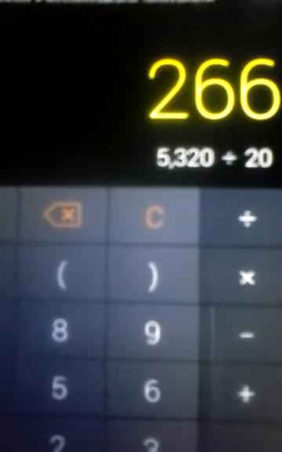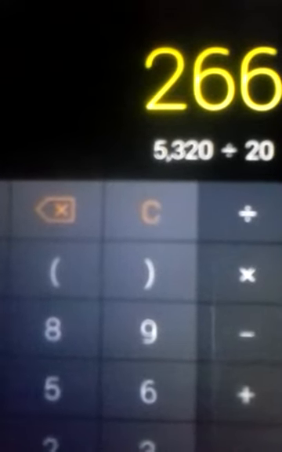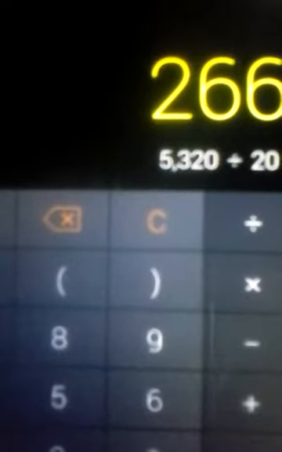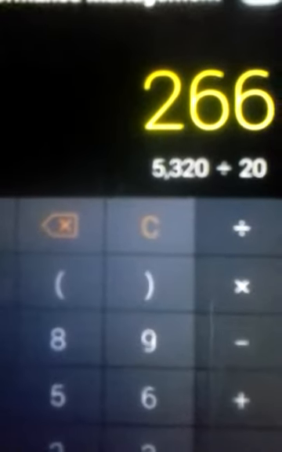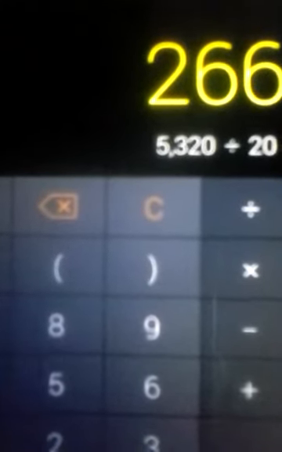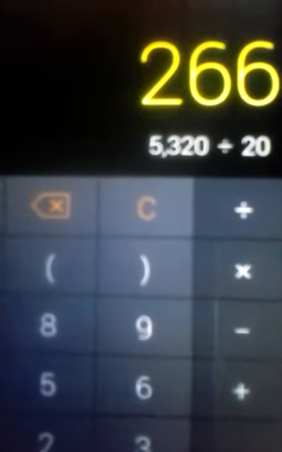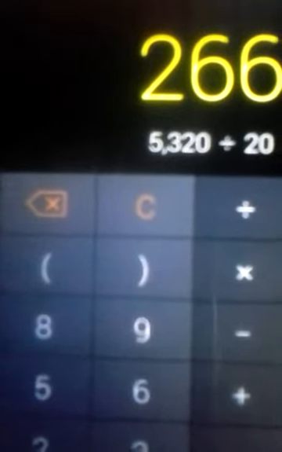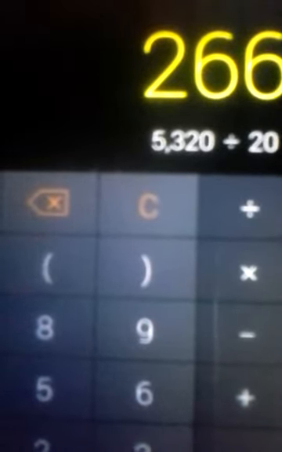We're taking the number Satan, and the word ends, the answer 5,320, which is also the axis of the earth, and dividing from the year 2015 shows the 266th day in the year 2015.